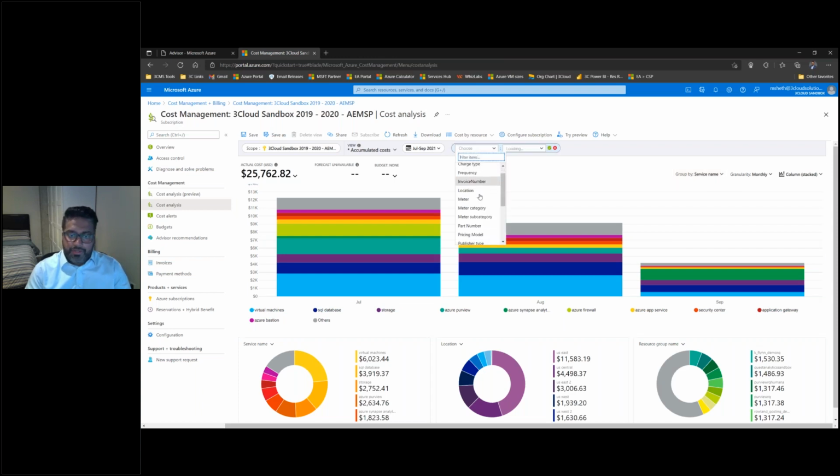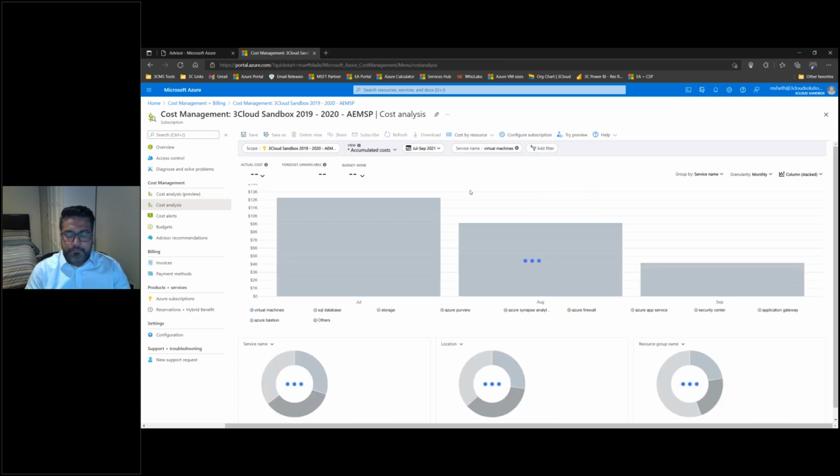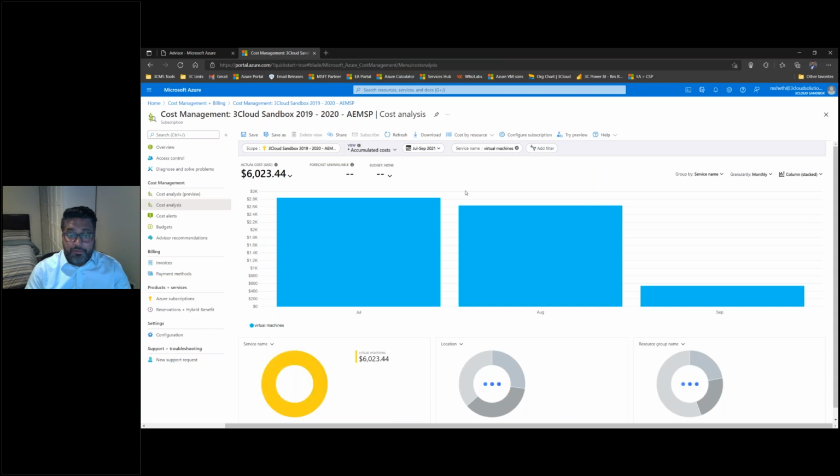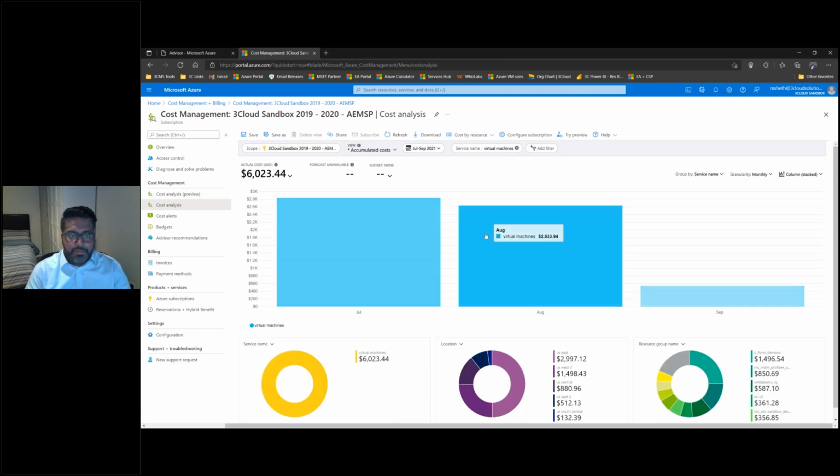So what if I filtered for only my virtual machine type of cost? If I make my filter service name, it populates all the different service names, and I can scroll down, find virtual machine, and hit apply. Now the graph will refresh to show me just that virtual machine fee month over month for that date range.